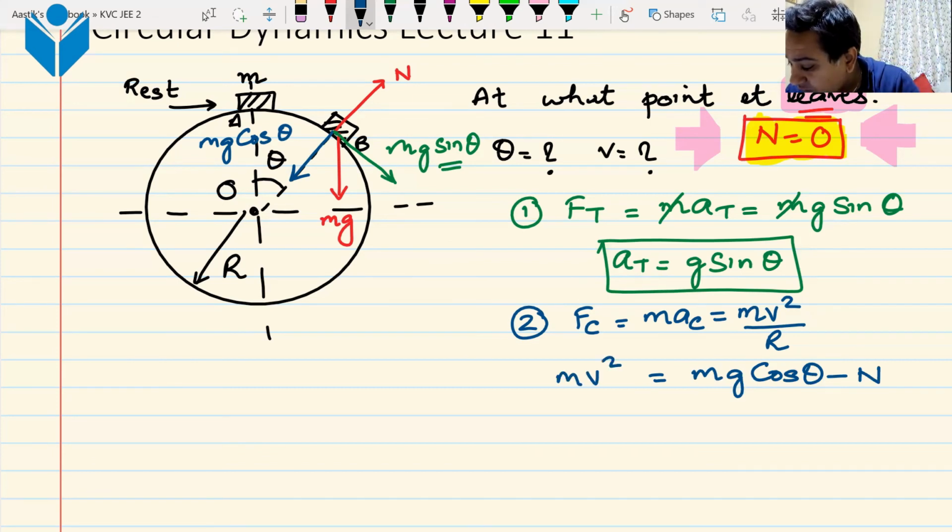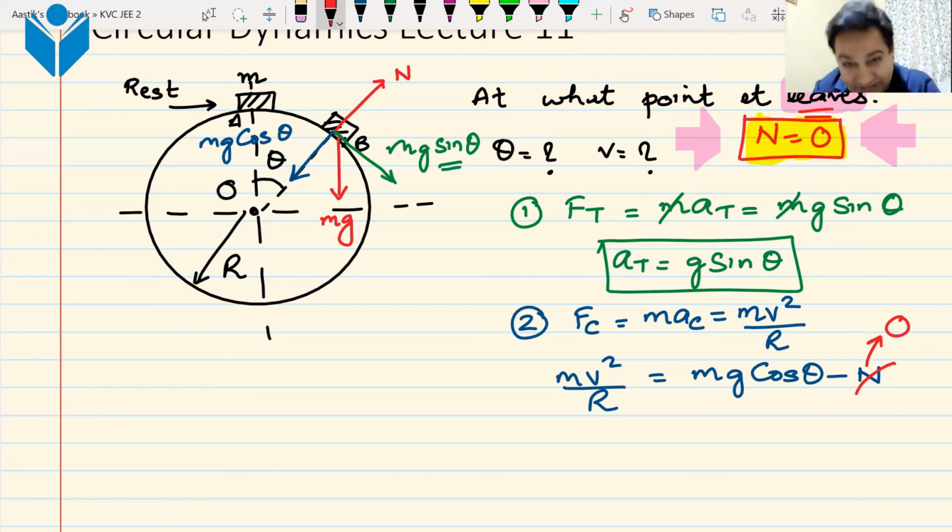Every one of us knows this, but we also know one more condition here. What is the condition? That N equals 0, sir. This N equals 0 because it has to leave the circular path. M cancels. So I have my first answer. v square by r is equal to g cos theta.